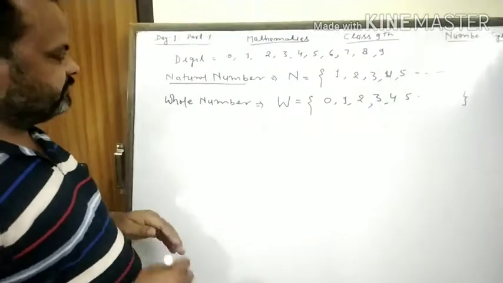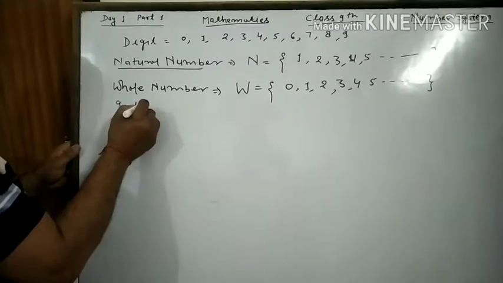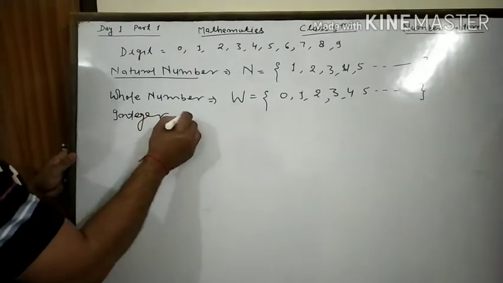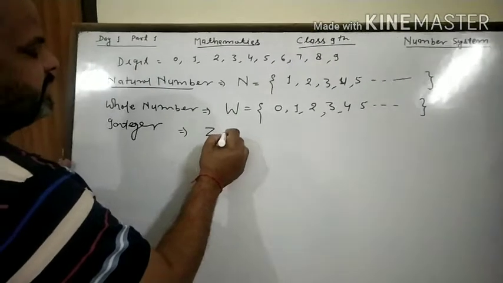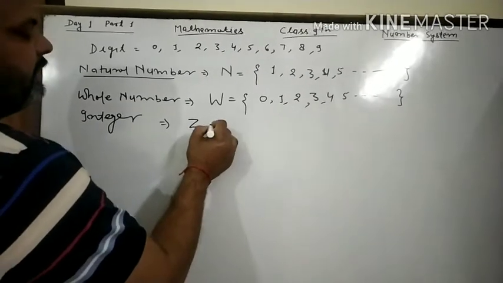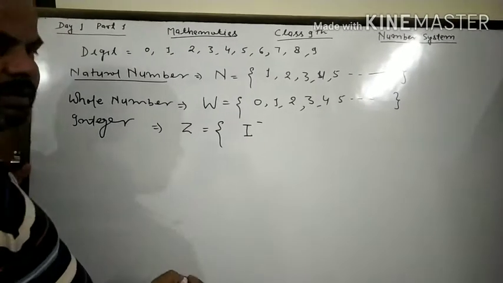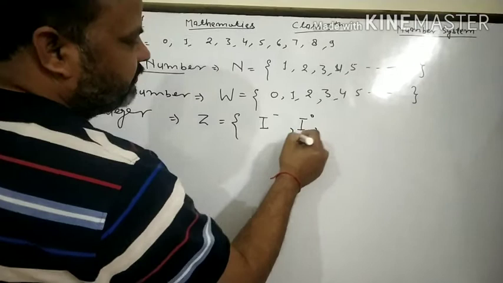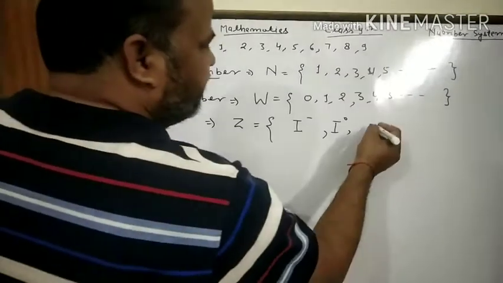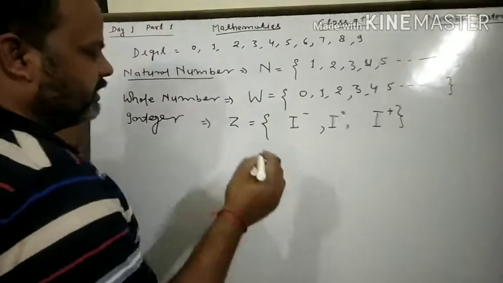Clear? Then after, integers. The set of integers is denoted by Z, and it is I negative, meaning the set of negative integers, I zero, the set of zero integer, and I positive, the set of positive integers.